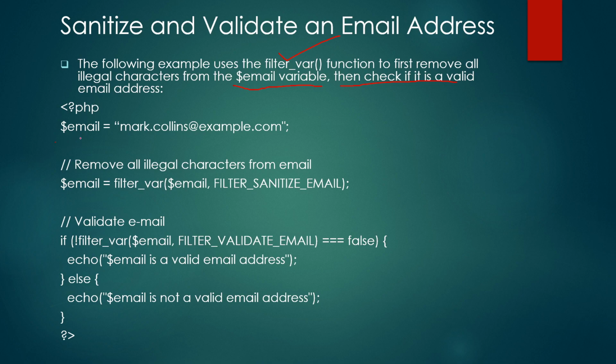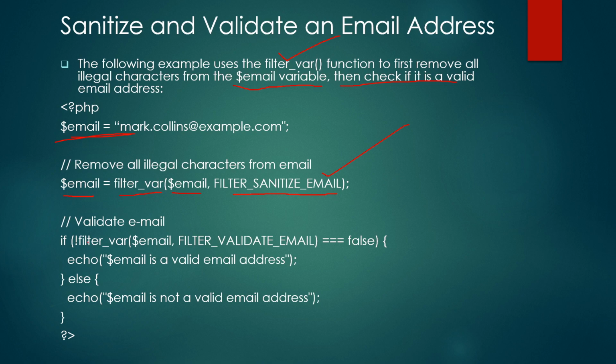So we have an email. I have stored this email inside this variable. Now first I'm sanitizing. So I have made use of this function and I'm passing email and FILTER_SANITIZE_EMAIL. All the illegal characters will be removed at this step.